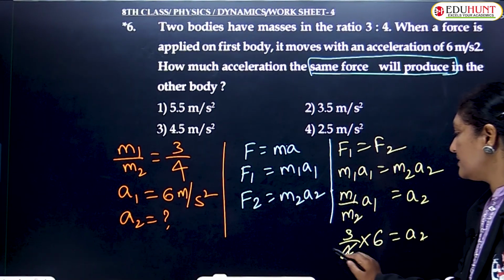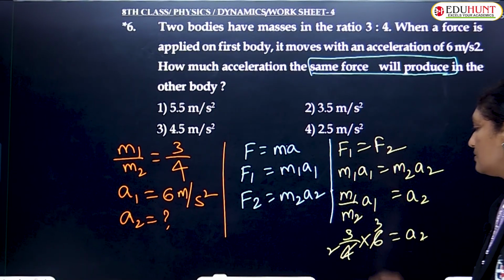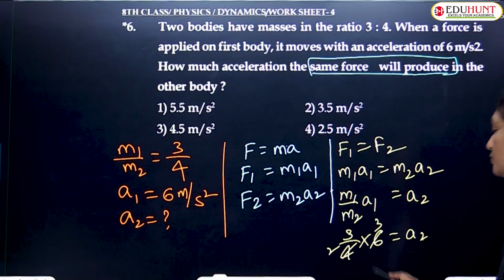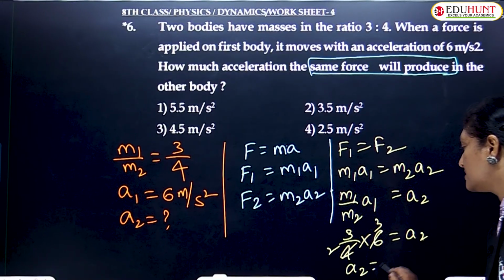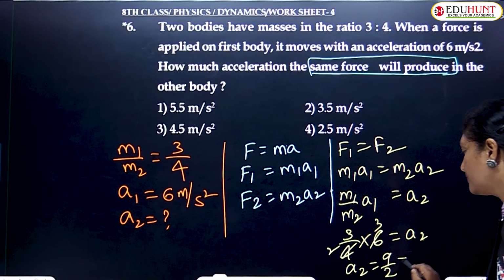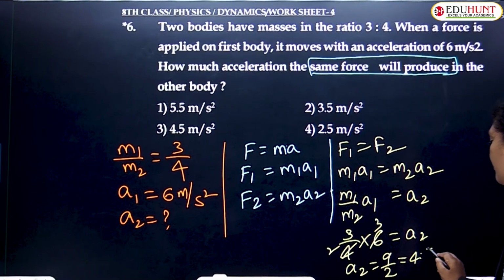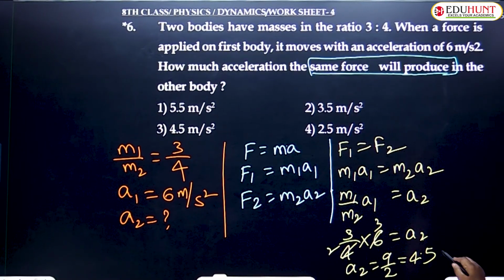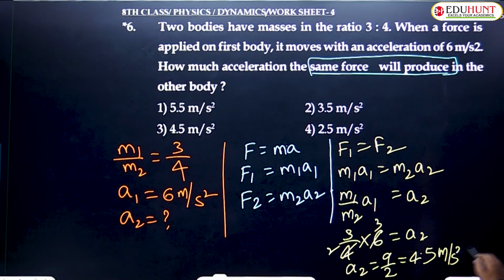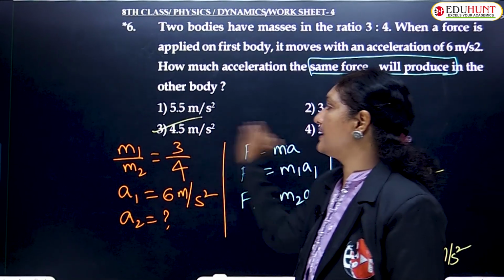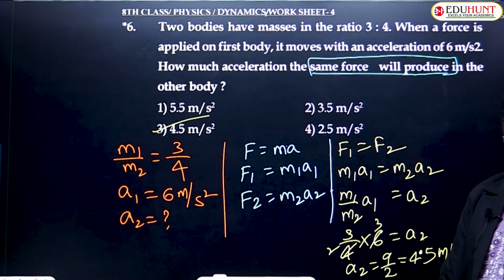So cancel this, children. This goes 2 times and this goes 3 times. That is 9 by 2. So the value of acceleration is 9 by 2. What is 9 by 2 equal to? It is 4.5 units of acceleration in SI system, meter per second square. So the answer is 4.5 meter per second square. The third option must be true.